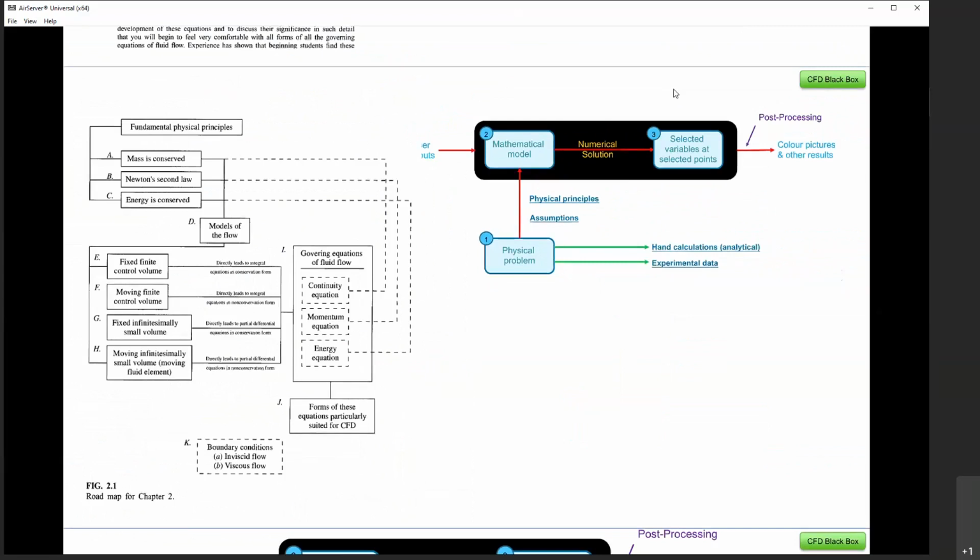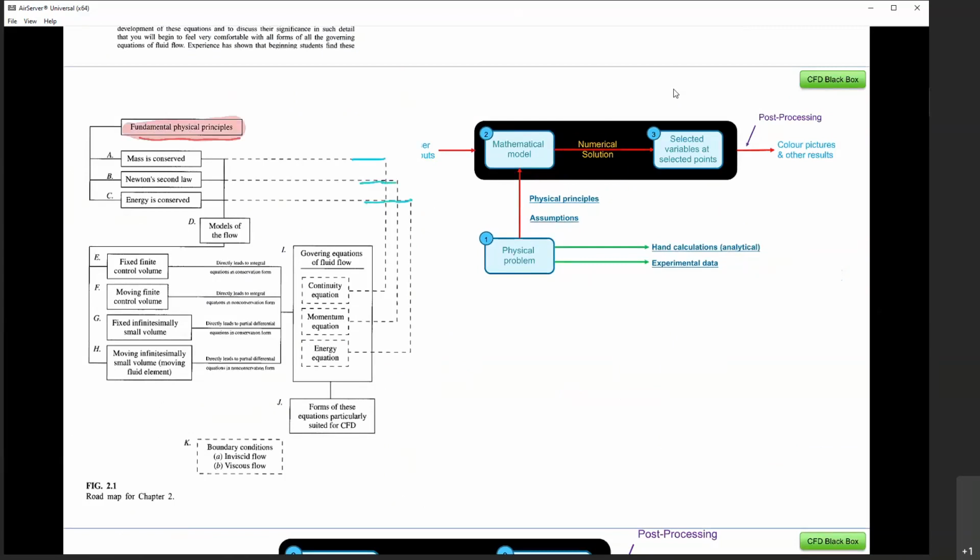So when we start with the fundamental physical principle over here, let me highlight this. We are going to look at how the conservation of mass, Newton's second law, and energy conservation can be tied back, or related if you follow the lines here.